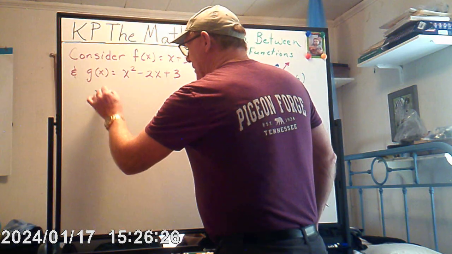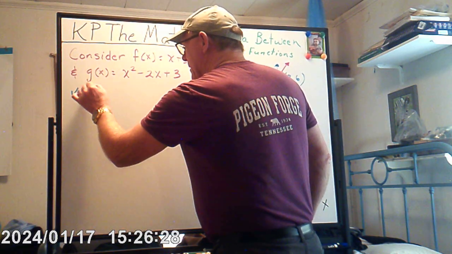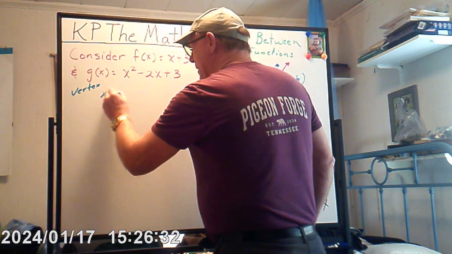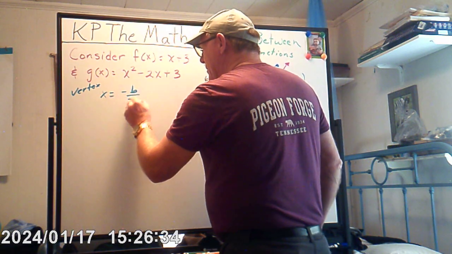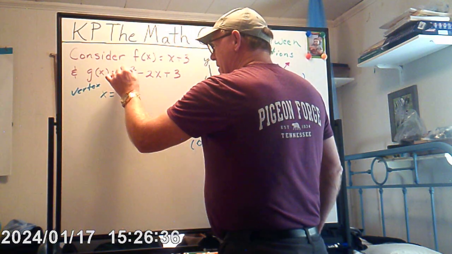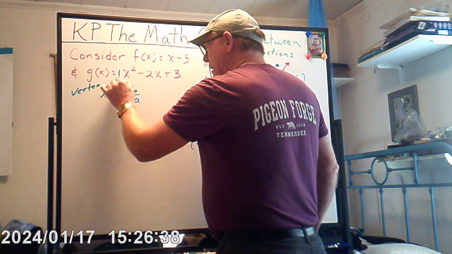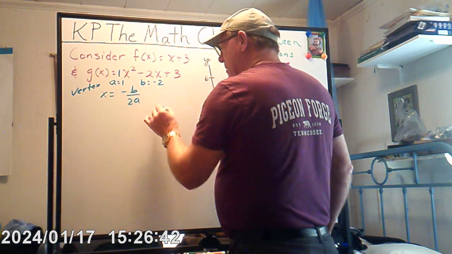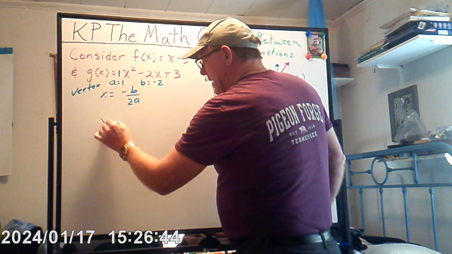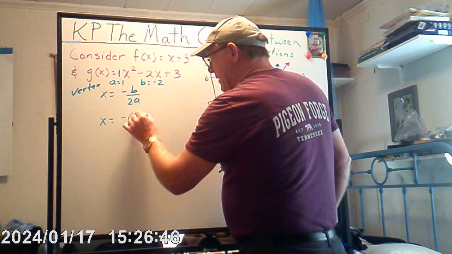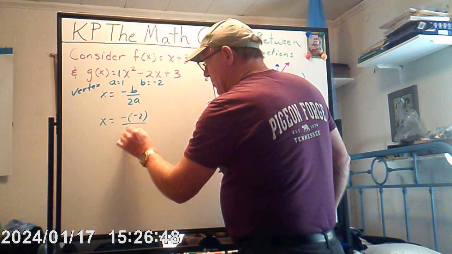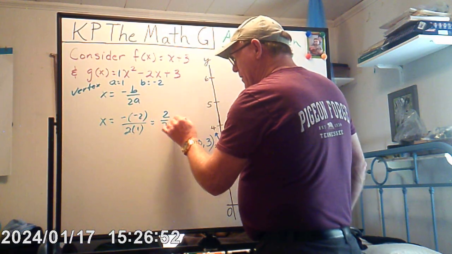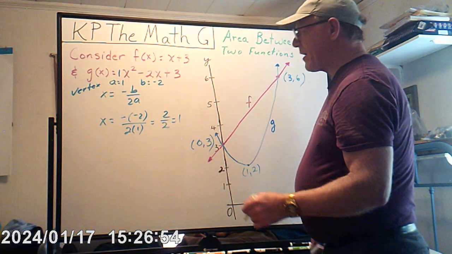The X value of the vertex can be found by negative B over 2A. When we consider that 1 is A and B is negative 2, then I can just substitute X is equal to negative 2 over 2 times 1. And that is 2 over 2, which is 1. That's my X value.